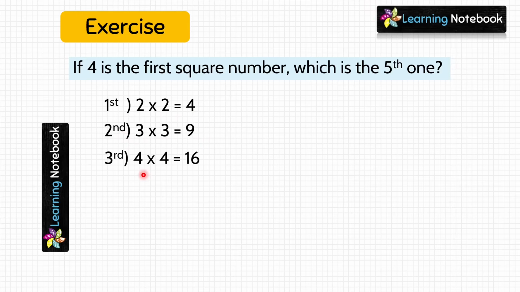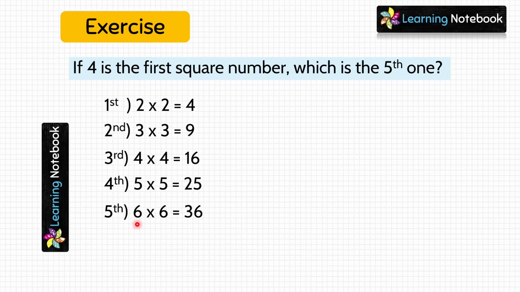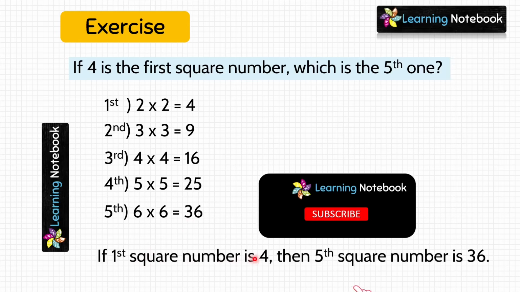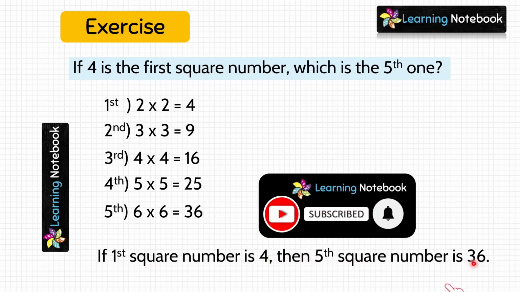Next will be 4 into 4 equals 16. Fourth square number will be 5 into 5 equals 25. And now fifth square number will be 6 into 6 equals 36. So this is our answer. If first square number is 4, then fifth square number is 36.